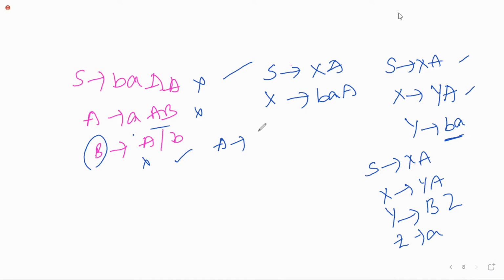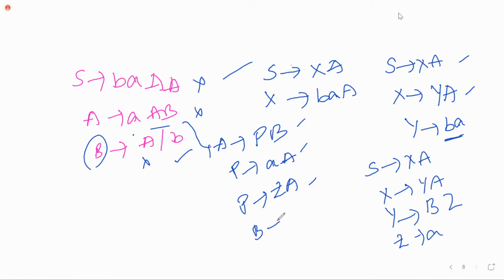AAB, right? So what I'm writing simply is some PB. P tends to simply AA. Again, it is not in the form of CNF. So P tends to, in place of A, I can replace capital Z, no? So ZA. Now if you observe, all are in CNF format, right?